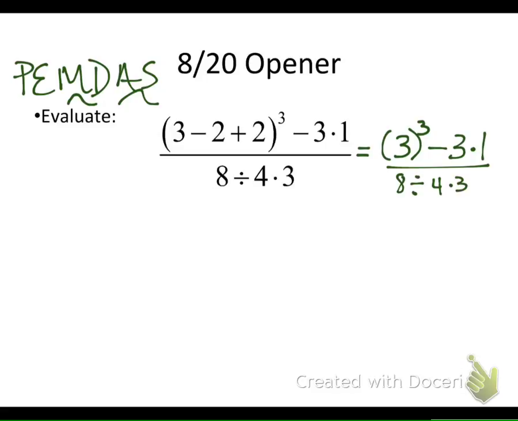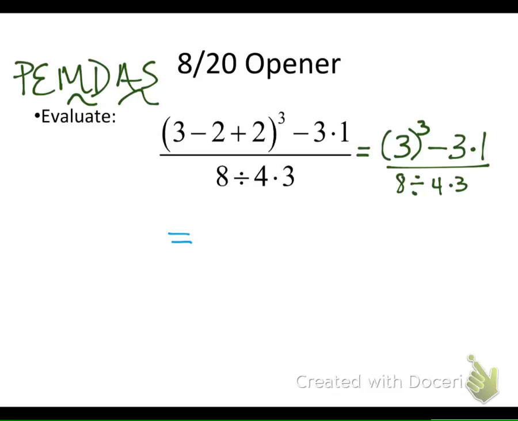All right, so I'm going to have to drop down here because I'm going to run out of room after I do this. So I've now done the parentheses on top. What comes next? Exponents. So I'm going to take 3 to the 3rd power. I'm not going to take 3 times 3 because that would be 9. That's not right. I'm going to take 3 to the 3rd power.